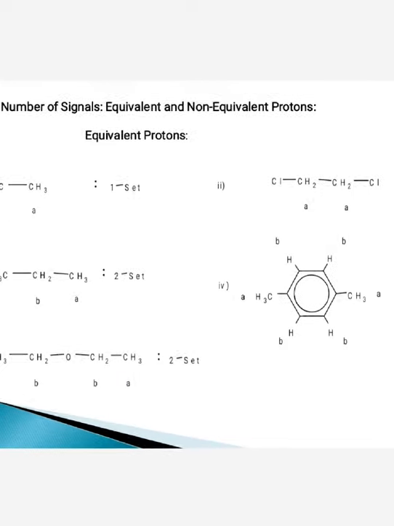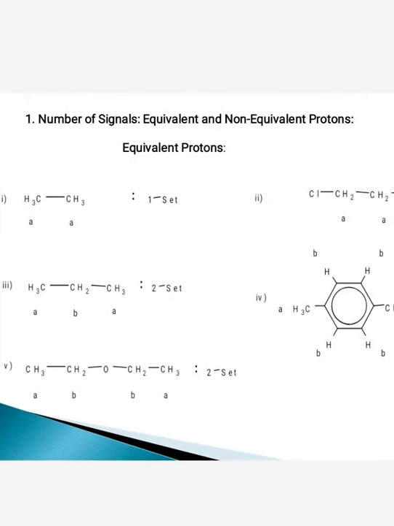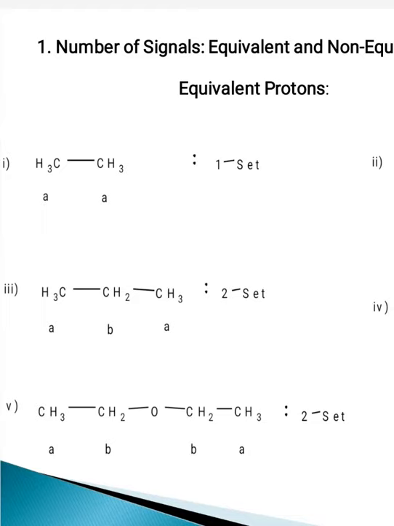The next important point is the equivalent proton. Protons having the same, identical chemical environment are called equivalent protons. In ethane, both the methyl groups have the same chemical environment and hence this compound contains one set of protons, or this compound gives a singlet on the NMR scale.